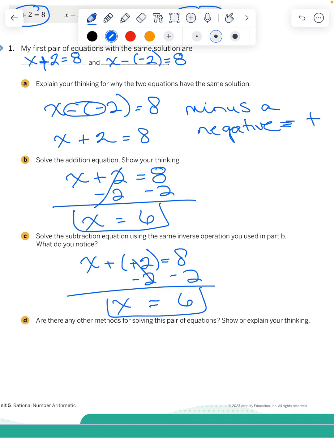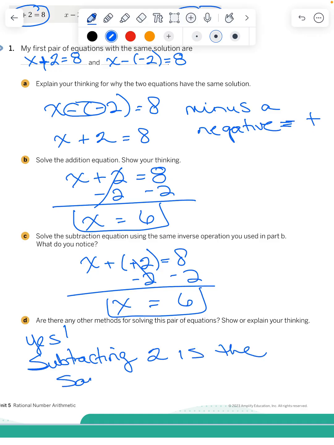Okay. It says, are there any other methods for solving this pair of equations? Well, yes, subtracting 2. Okay, let's write that: subtracting 2, which is from part B, is the same as adding a -2.